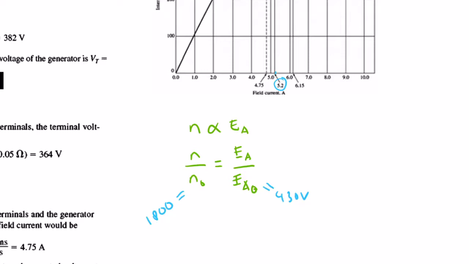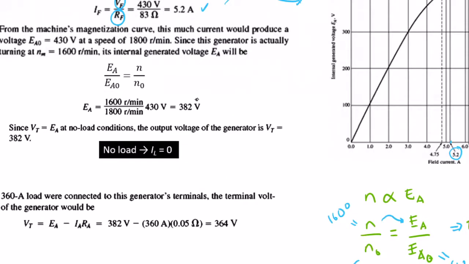We can just check the answer given by the book, which is 332 volt. This is the internal generated voltage. If the question is not the internal generated voltage, and you stop here, then your answer is not right, because you actually haven't answered the question.